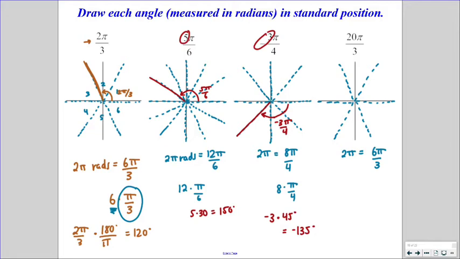Now, each of those sections is pi over 3 radians. We need to count out 20. So I'm going to start along the positive x-axis and count 20 sections. So here we go, going counterclockwise because it's a positive measure. 1, 2, 3, 4, 5, 6, 7, 8, 9, 10, 11, 12, 13, 14, 15, 16, 17, 18, 19, 20. 20 pi over 3 is this angle here.